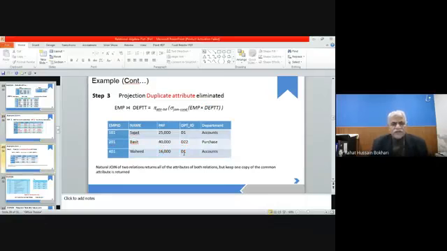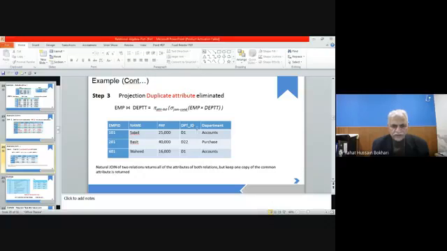And the third step is the projection. What we have to do is keep only one copy of the attribute that is common to the relations taking part in the natural join. Department ID was common, so we have kept one copy of department ID as an attribute.